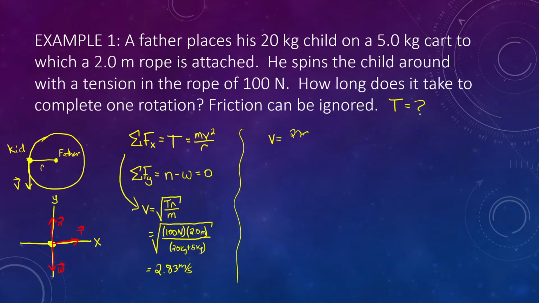The distance around a circle is 2 pi r, and the time it takes is the period. This is not tension. I know it's very confusing, but tension over here is a force. This is period. We want to solve for the period. To do that, you basically just swap the places of v and T. And so we'll find that the period is equal to 2 pi r over the speed.